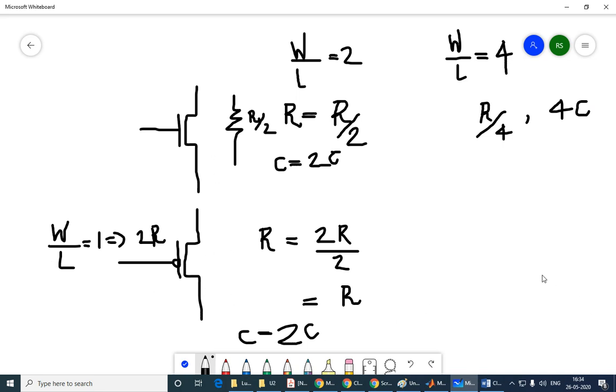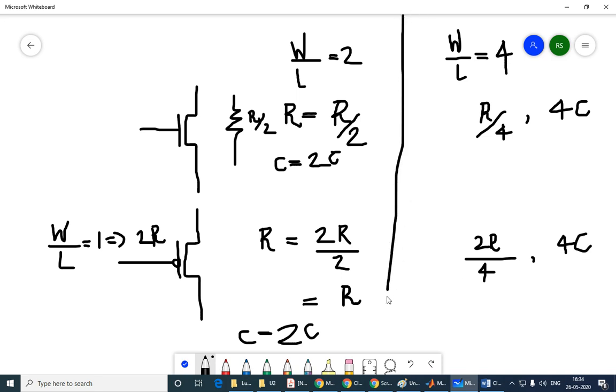And the PMOS transistor is going to have a resistance of 2R by 4 and a capacitance of 4C. That stays the same. You have two different transistors. These are the numbers for the NMOS and for the PMOS transistor.